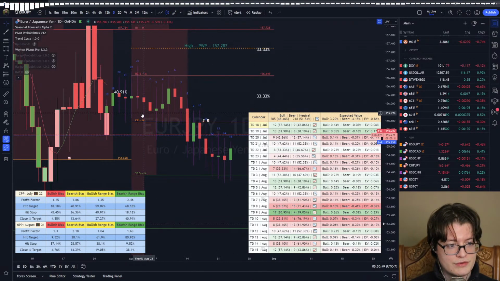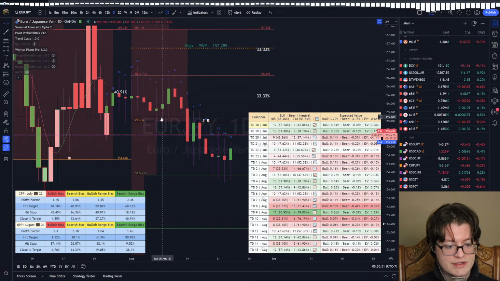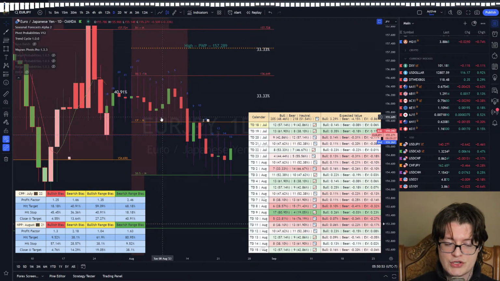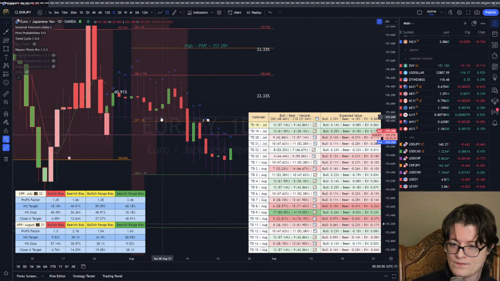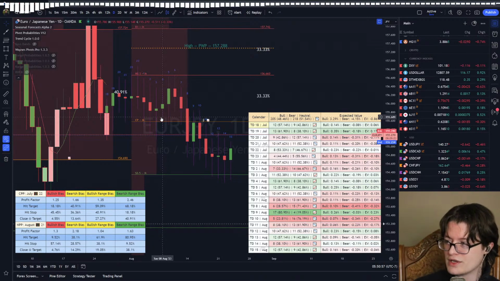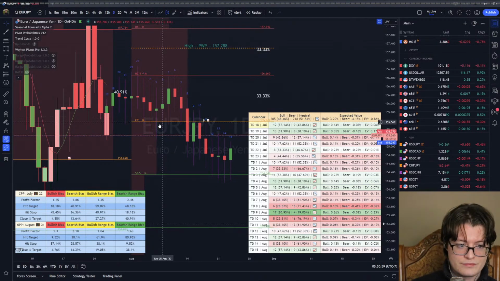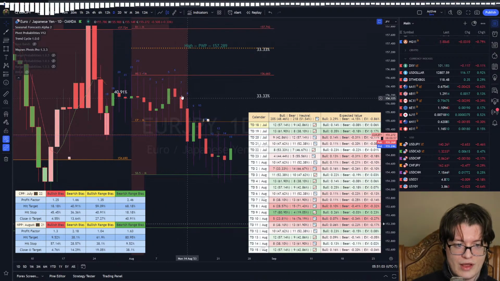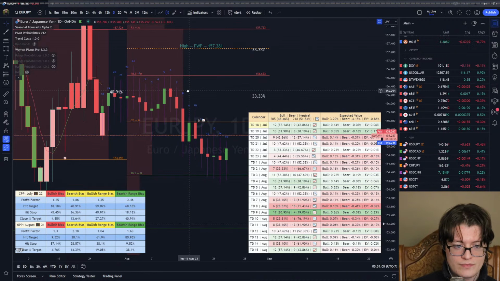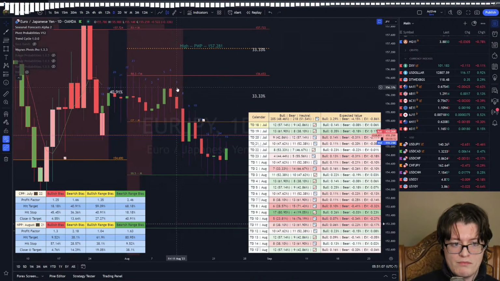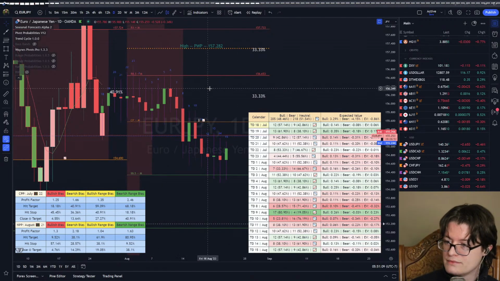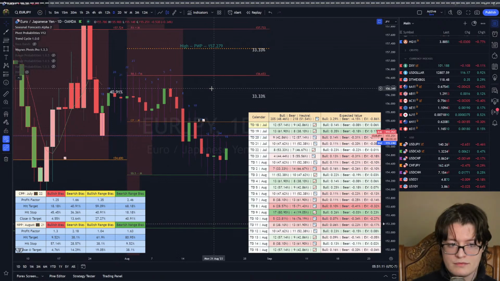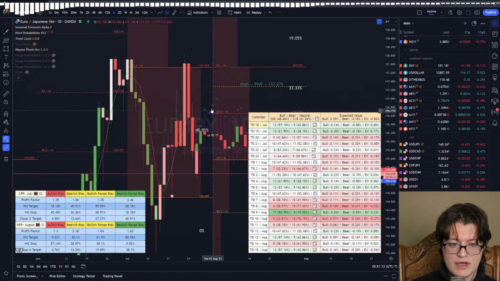So 1, 2, 3, 4, 5, 6. Oh, that's the Tuesday of the second trading week of August. So right here, that's where the roll-off actually occurs. So maybe on Monday or Tuesday, I probably want to be short Euro Yen.